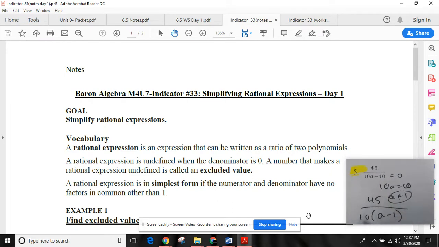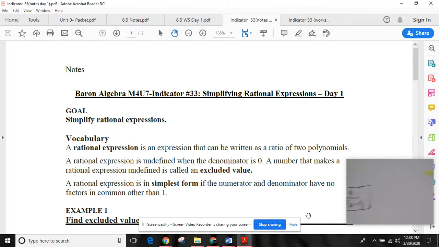And now we could simplify that 45 and that 10. We could take 5 into both of those. So 5 into 45 would be 9, 5 into 10 would be 2. So a simplified rational expression would end up looking like 9 in the numerator and then 2 times a minus 1 in the denominator. So that would be our simplified rational expression along with our excluded value.